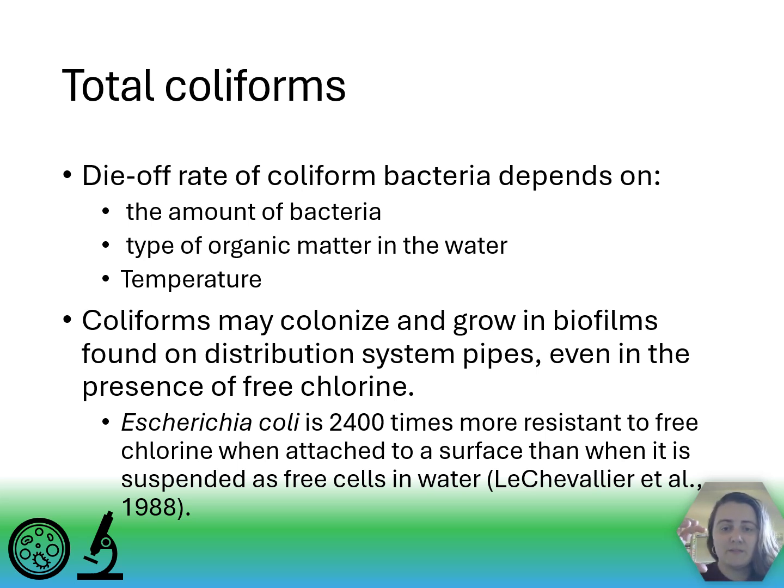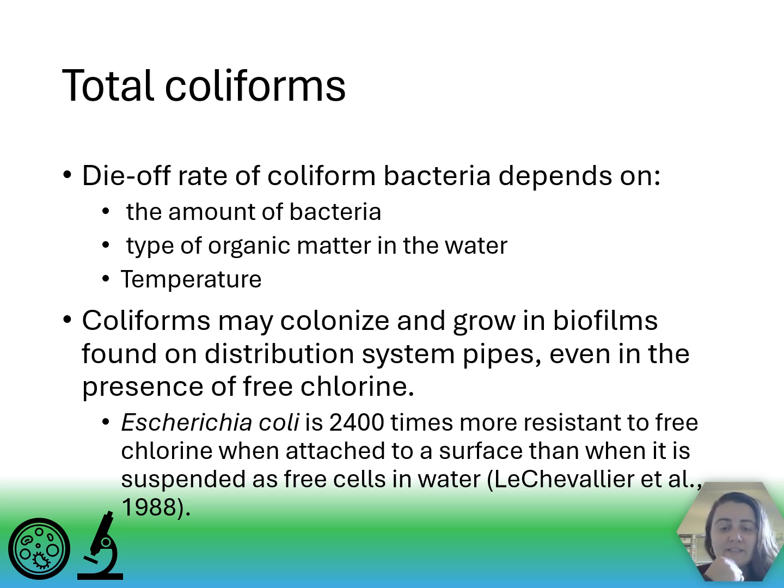And one of the problems that we have with coliforms is they may actually colonize and grow in biofilms and distribution pipes. And when they do that, even in the presence of a disinfectant like chlorine, which we'll talk about, they can still grow. So they may be present in a biofilm and not as a cell floating around in solution. And so they may actually be present, but because we can't find them in solution, we think that they're not there. So that's important to know about these guys.